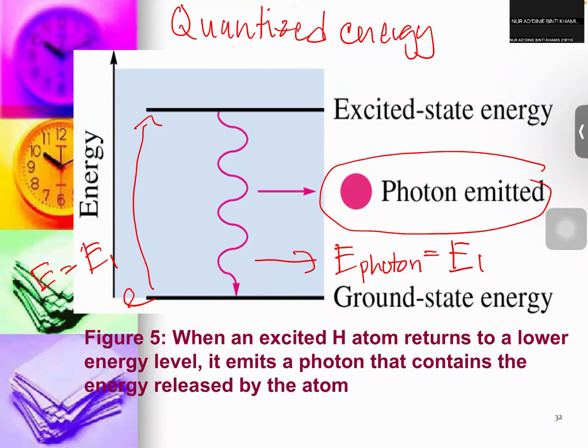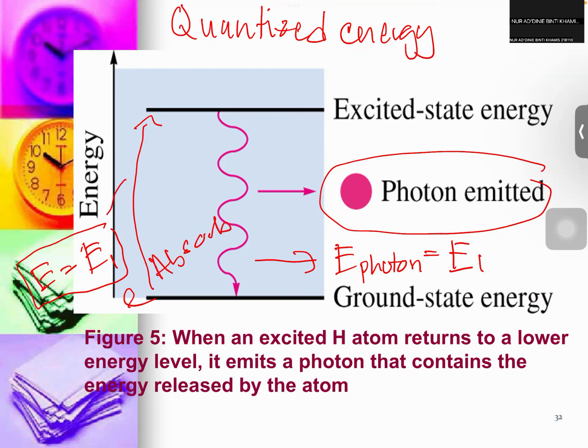If you bombard certain energy to the atom, like you heat it up, you microwave it, whatever you do towards the atom, the electron inside the atom will be excited. When you provide energy, you know the level of energy that you provide, and the electron will absorb the energy.